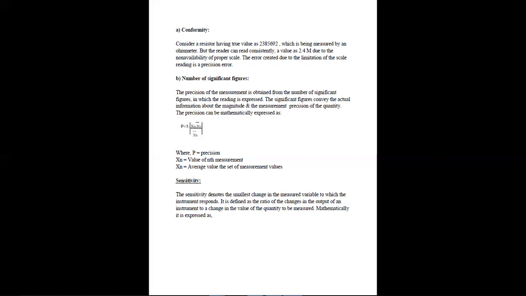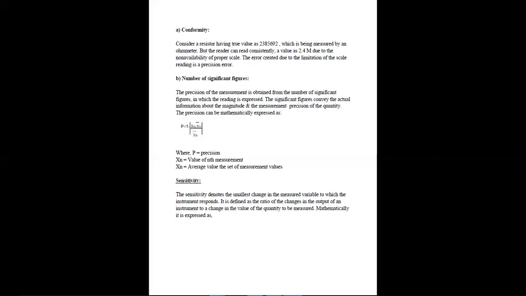By this smallest change, the instrument should respond to give the value or to give the reading. It is called sensitivity, and it is defined as the ratio of change in output of an instrument to the change in the value.